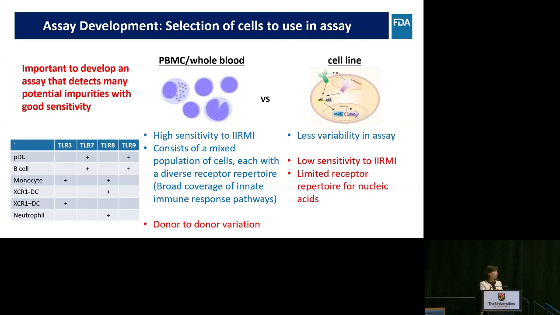However, PBMC has some limitations: donor-to-donor variation. So to get statistically meaningful data, we need to test blood from at least 20 donors, so it's a lot. And let's move on to the cell lines. There are several cell lines you can use, some monocyte and macrophage cell lines.